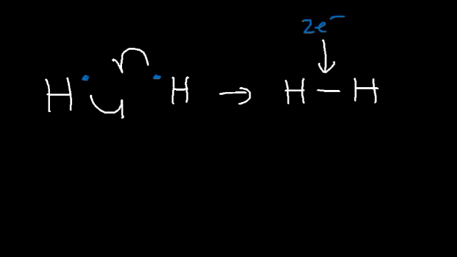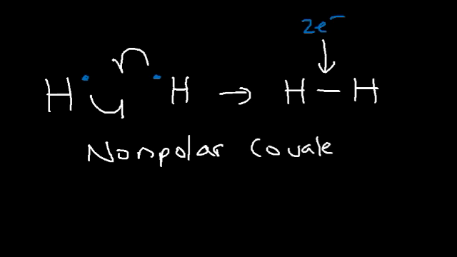Those 2 electrons are shared between the 2 hydrogen atoms. And so this is a covalent bond since we have sharing of electrons. Now, because the elements are identical, because they have the same electronegativity, this is classified as a nonpolar covalent bond. Because the electrons are distributed equally, it's nonpolar.